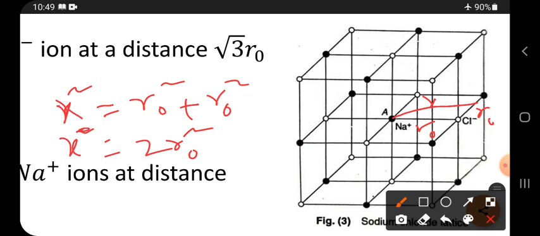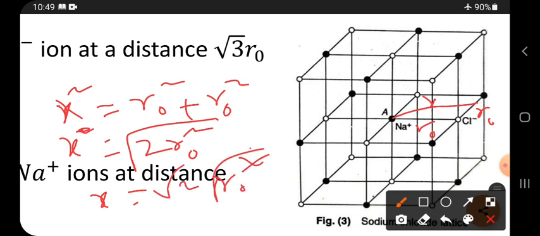So bring the square to this side, it becomes under root. x equals root of 2 r naught square. The root and the square cancel. So finally what do we get? x equals root 2 r naught. Yes, it is at root 2 r naught distance.